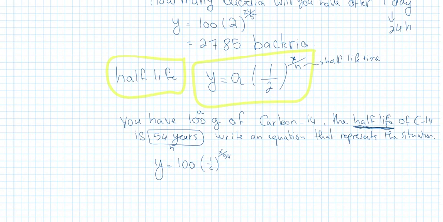Now, what would be a part B question for this? You would give us an x value, and ask how much is left after 100 years. I can say, how many grams of carbon 14 are left after 100 years? What do you plug in? The x value. The x value would be 100, and then you do your math.